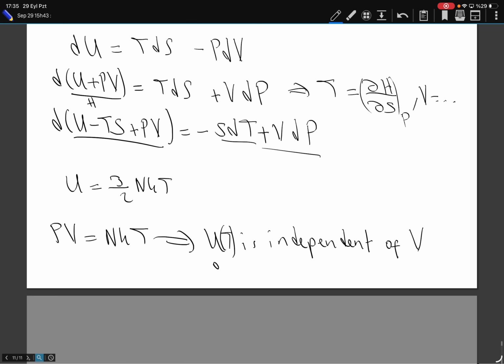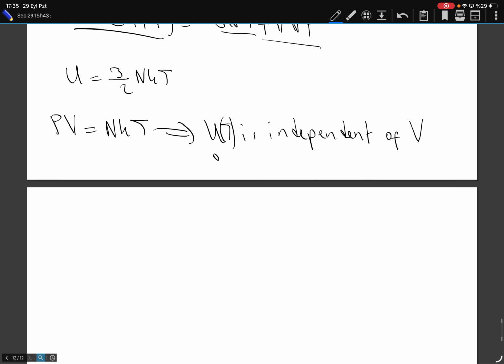Let's see. If you think in terms of changes, what I would like to calculate is how much U changes as I change V, keeping T constant.